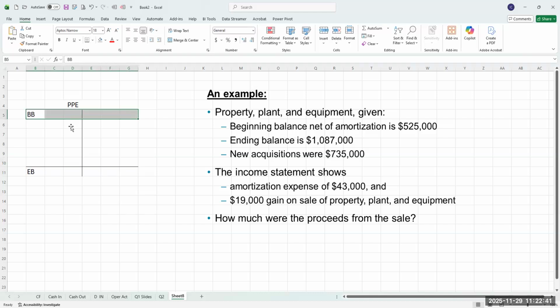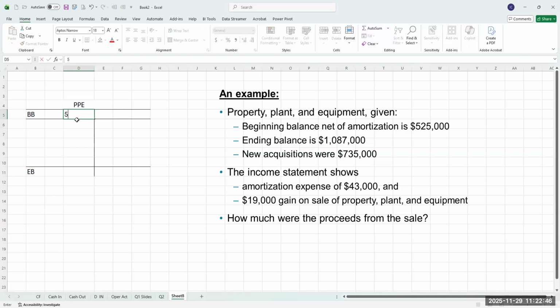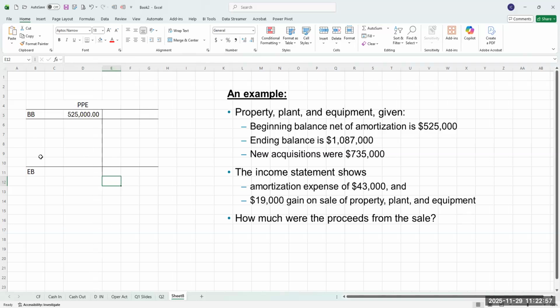As you can see, we have a beginning balance, net, of 525. What else do we have? We already know that we have a purchase, and our purchase is for 735. Now we have the ending balance, which is 1,087,123.